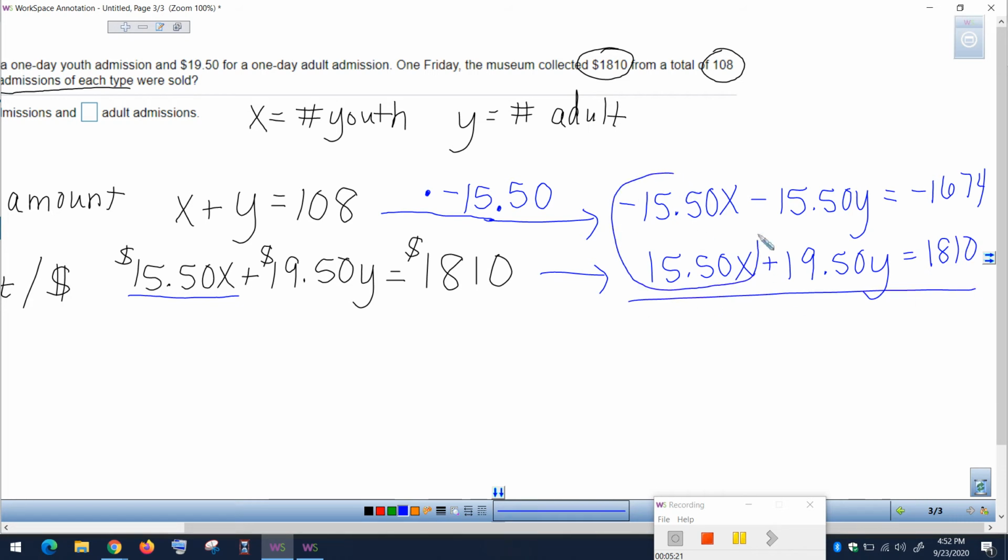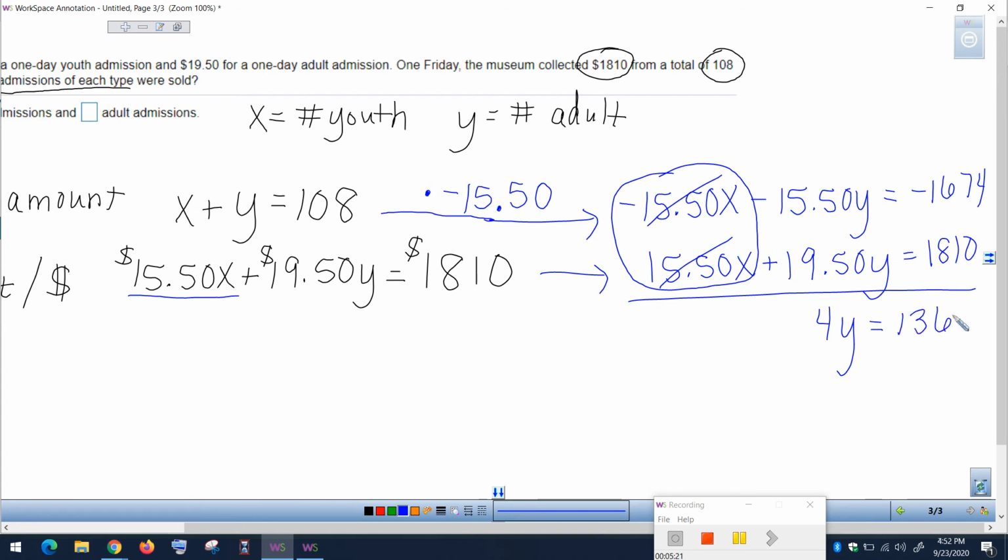So at the very start here, in adding the components together, we see that our x's are going to eliminate. Really quick here, I'm going to do negative 15.5 plus 19.5. I just put that into my calculator, but it ends up nicely to be positive 4. So that's really great. And then we have negative 1674 plus 1810, and that is 136.